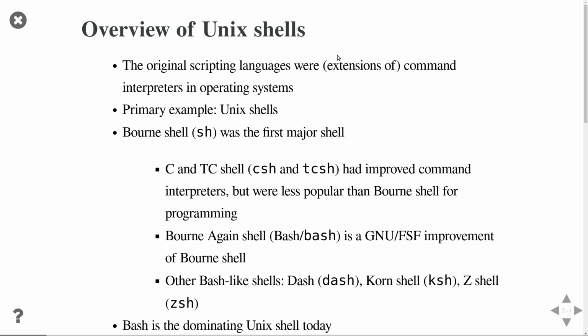They are not installed by default anymore, but you can install them if you want on your favorite system. After some time, the Bourne Again shell was developed, which is essentially an improvement of the original Bourne shell, and that's the one that you will still find on most Linux and Mac systems today.